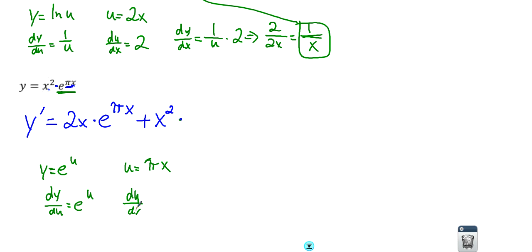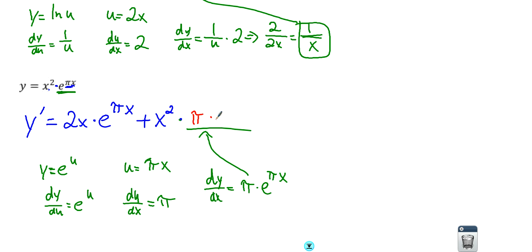Du over dx equals pi, because pi is a number, not a variable, so it's just the constant in front of x. So my dy over dx is pi times e to the pi x. And that's what we put right here for this part. So it's pi times e to the pi x.